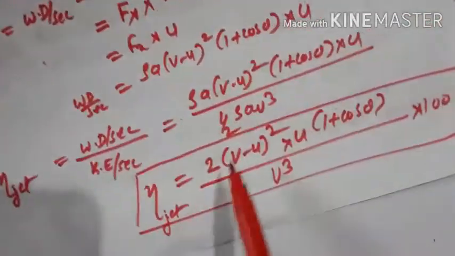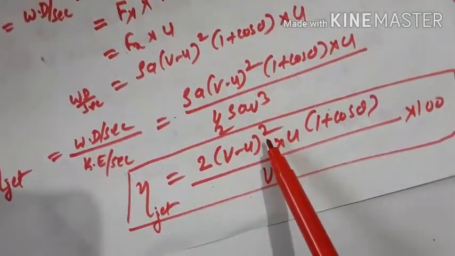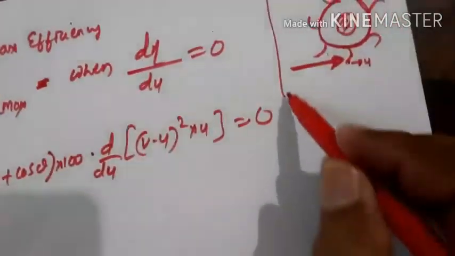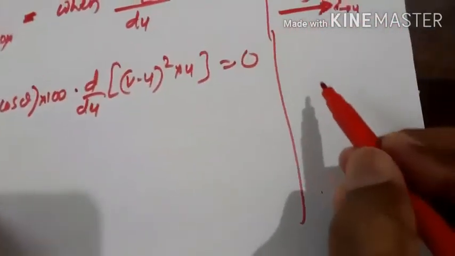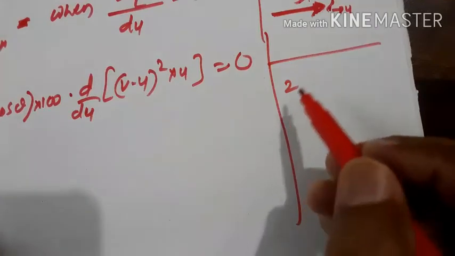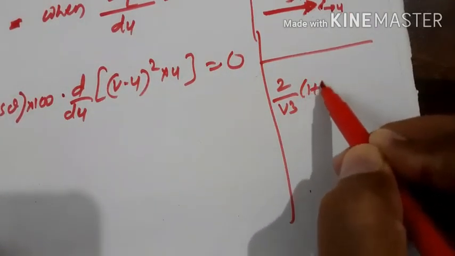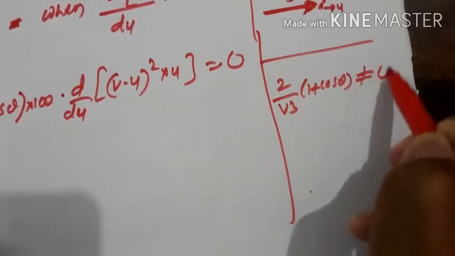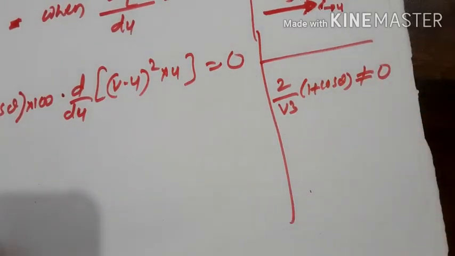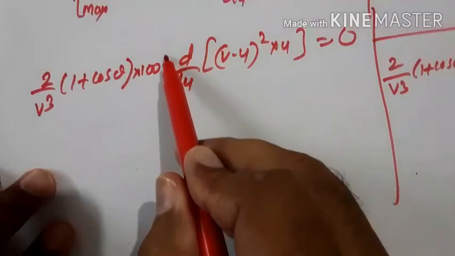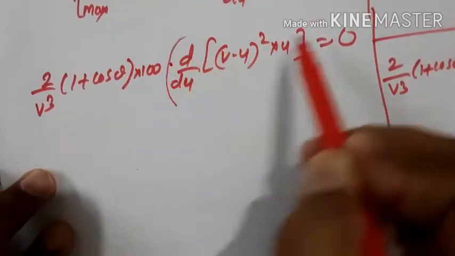In this equation we have taken only (V minus u) whole square into u. The term 2 by V cube (1 plus cos theta) cannot be 0. So take only this term now.